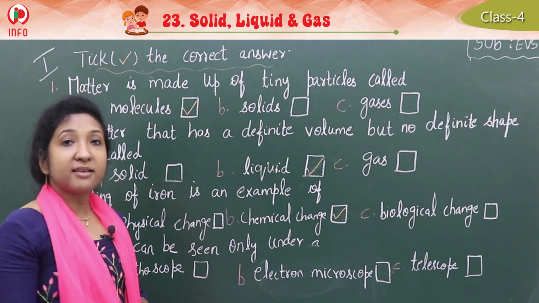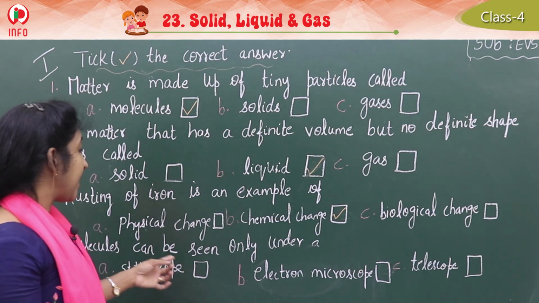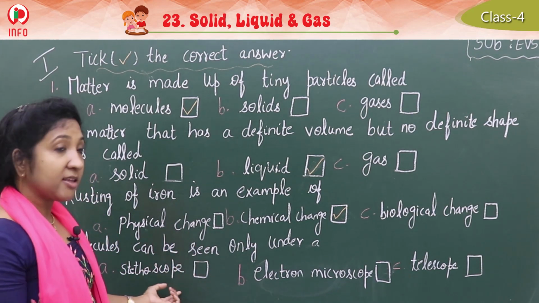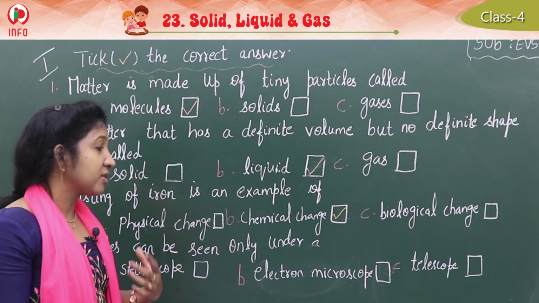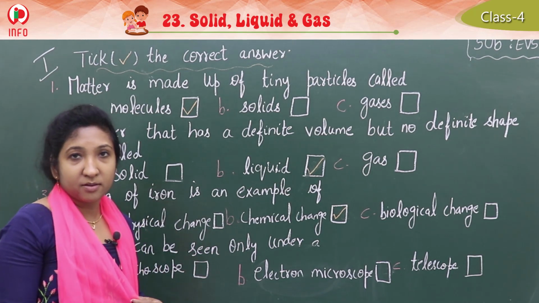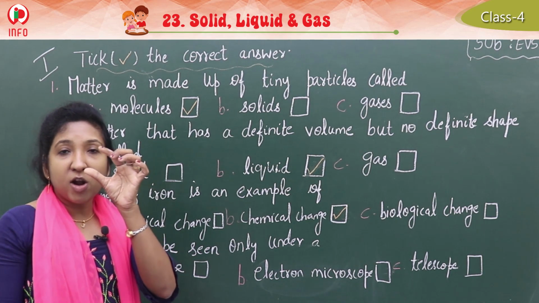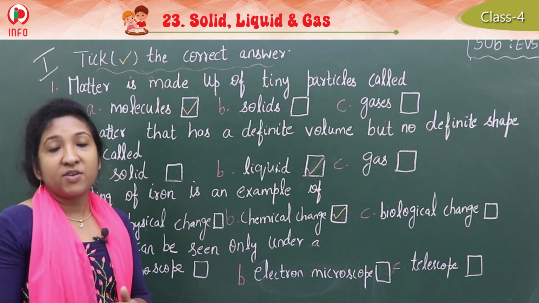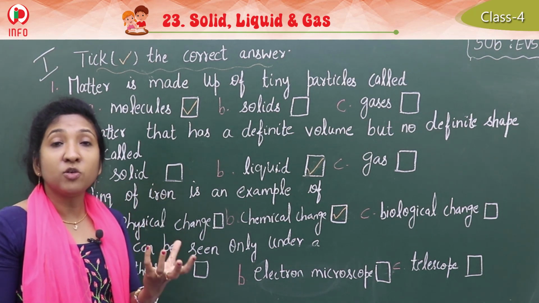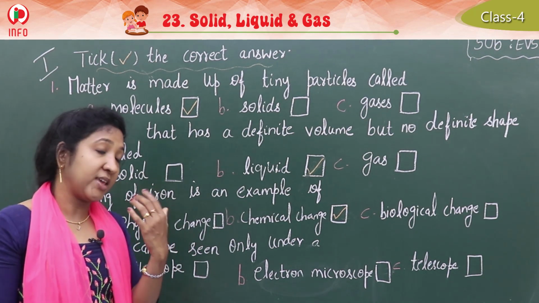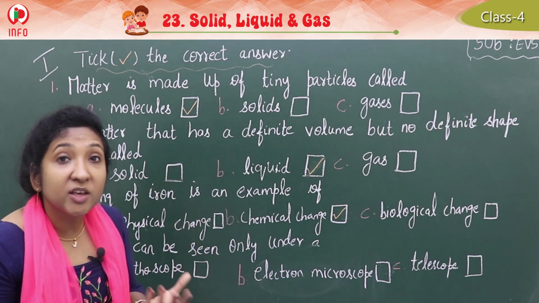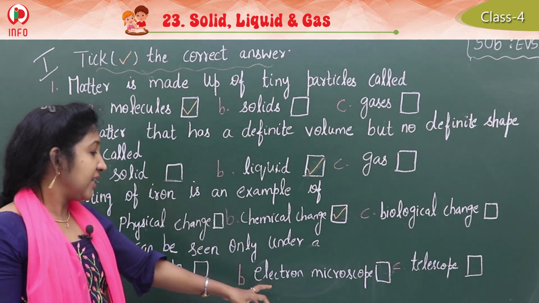Now coming to the last question. Molecules can be seen only under a dash. Option A stethoscope, option B electron microscope, option C telescope. Molecules are small particles we cannot see with our naked eyes. We can see molecules only through an electron microscope.